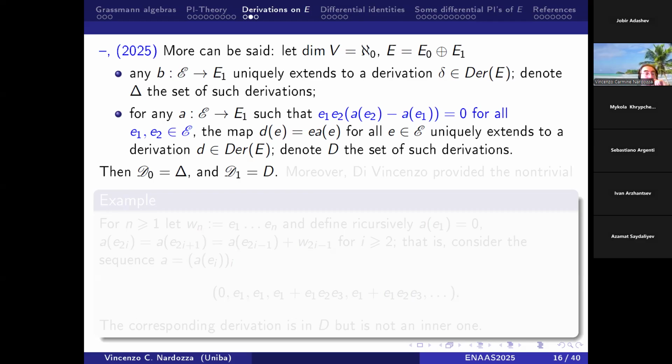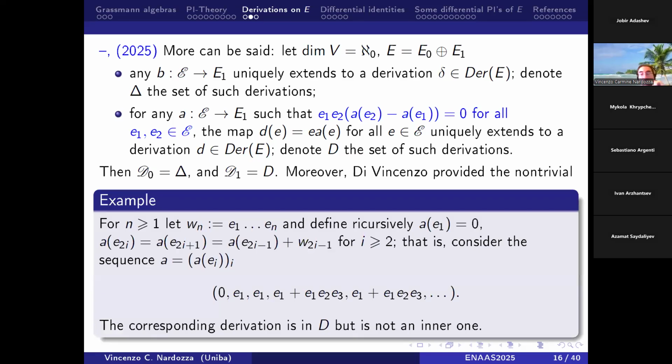Okay, we know that D sub 1, that is the set of derivations of the second kind, cannot be all inner derivations. But Vincenzo provided an explicit non-trivial example, which is the following.